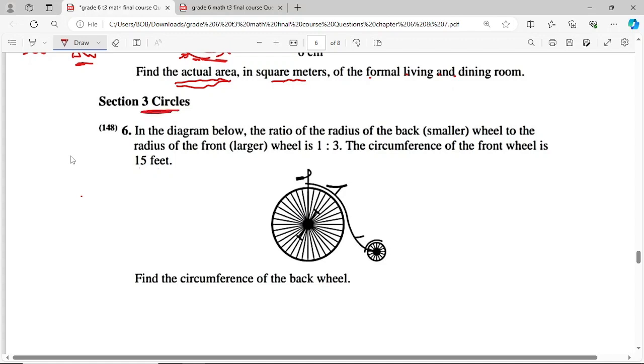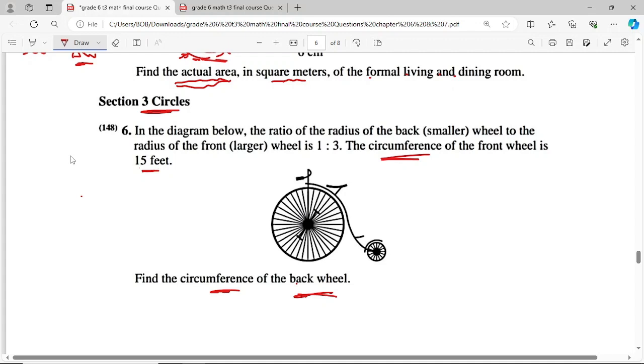Okay. Now, in the diagram below, the ratio of the radius of the smaller wheel to the radius of the front larger wheel is 1 over 3. The circumference of the front wheel is 15 feet. Find the circumference of the back wheel. Okay.